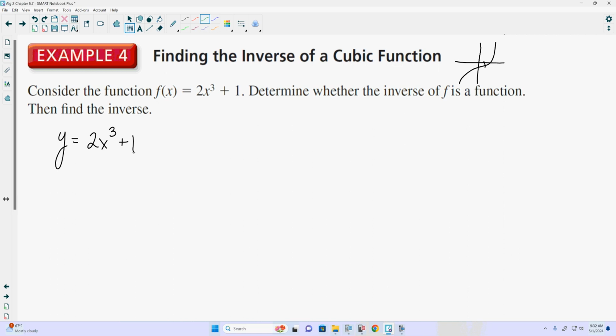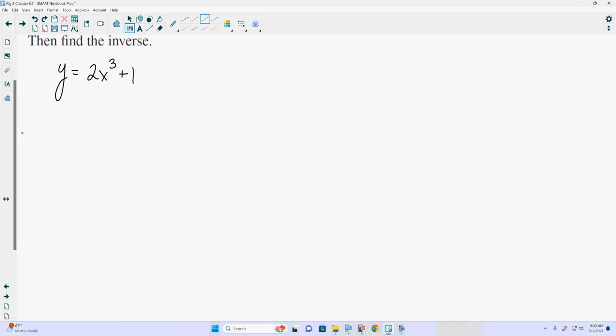2x cubed plus 1, we're going to find its inverse. And the inverse steps still don't change. First thing we have to do after rewriting as y is to switch x and y. Now we need to get y by itself.